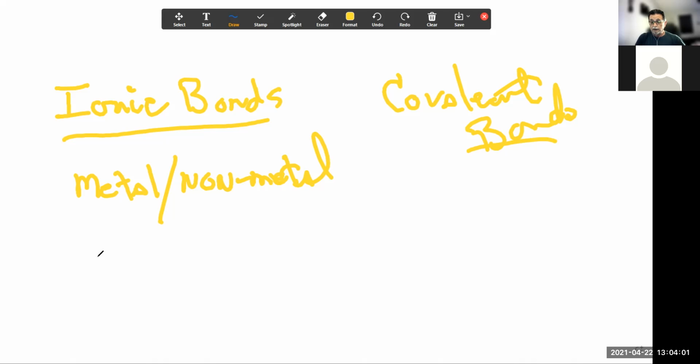So we had a full-fledged metal, and I'm just going to label that with some plus charge, which could be any value from +1 to maybe a +3. And we had a non-metal, which I'm going to label N, just to represent a non-metal. And that had a negative charge, which could be a -1, -2, or -3.